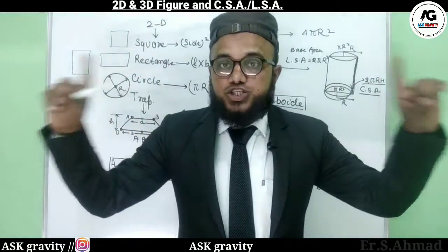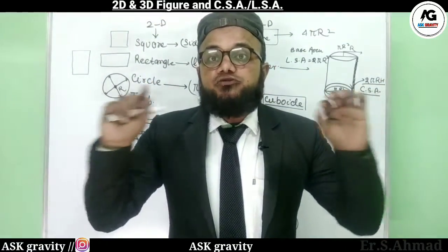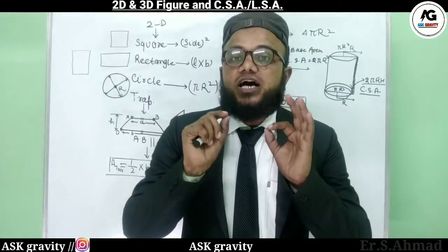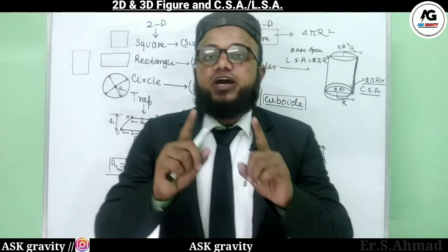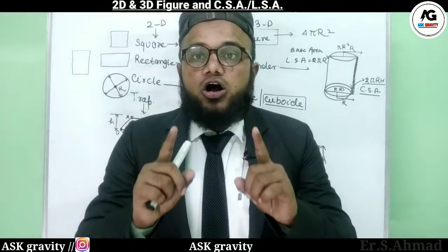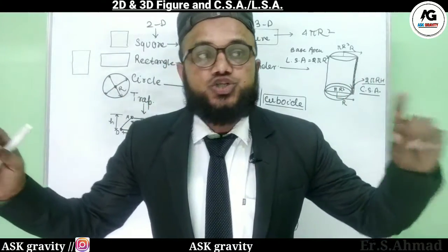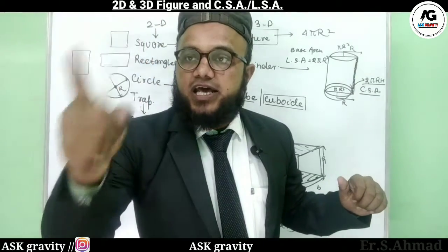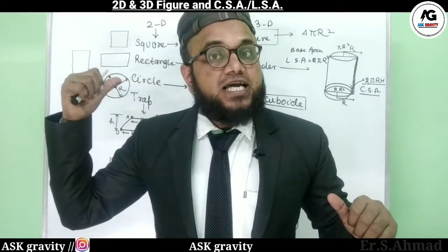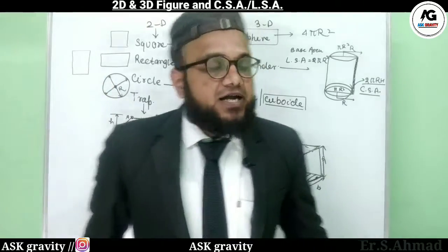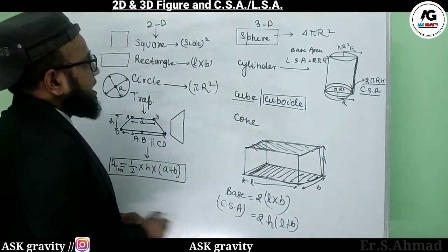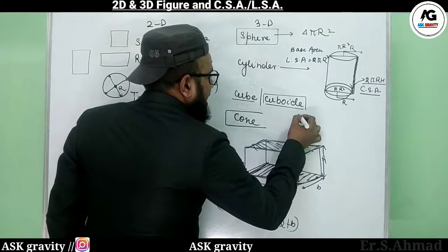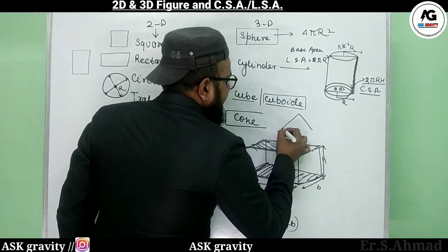Taking an example, this room is a cuboid, so for finding the curved surface area of the cuboid, we have to find the area of all four walls. The area of this wall and this wall should be the same, and the area of this wall and this wall should be the same.